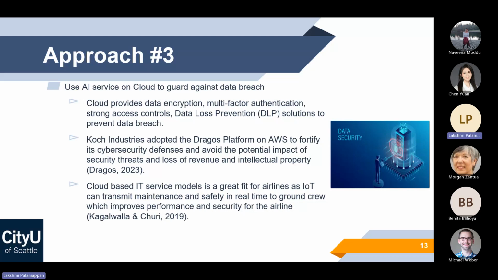The aviation industry can use cloud-based IT service models to proactively monitor and detect threats on their network that might bring the production line to a full stop. It is also a great fit for airlines as IoT can transmit maintenance and safety data in real time to the ground crew, which improves performance and security for the airline.